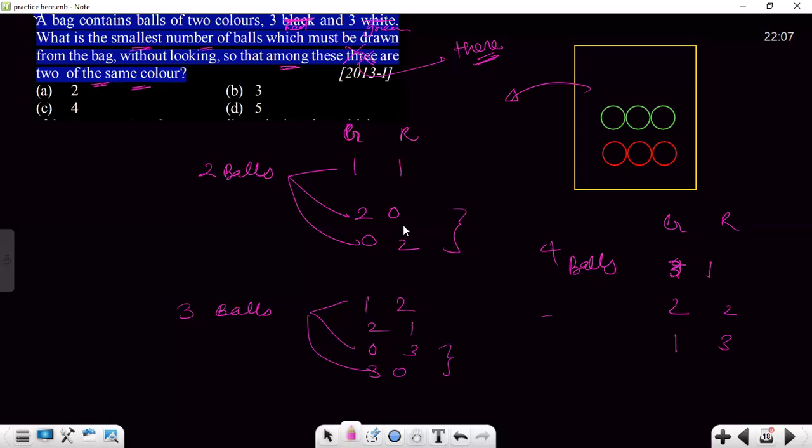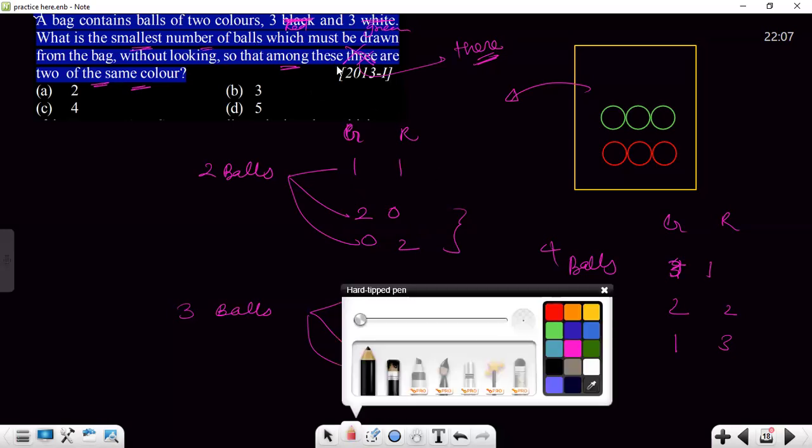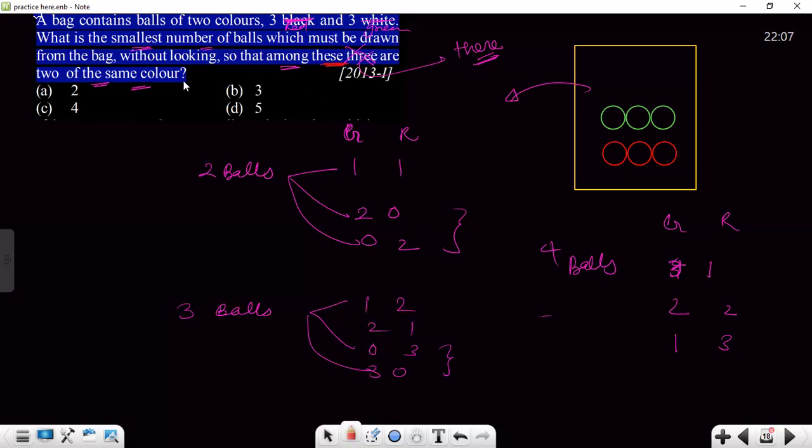Now see, now I'm talking about a different thing, variety here. But also understand one thing, that what is asked in the question. Among these, are there 2 balls of the same color? Here, are there 2 balls of the same color?